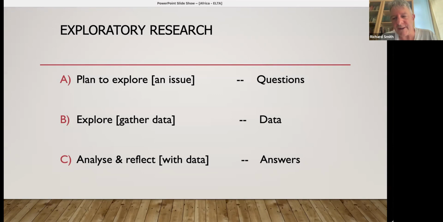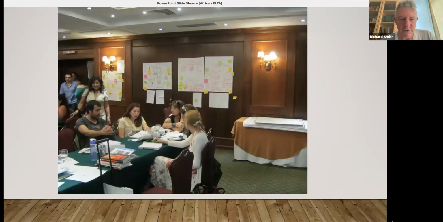We're not just reflecting, we're not just thinking about our problem, we're actually getting data, and that makes it research and not just reflective teaching. Because I think reflective teaching is what we do quite a lot of the time as teachers, but we're actually going to go and get data to answer our questions. That makes it research. So that's exploratory research, quite simply. That's the process. And that's what we start with.